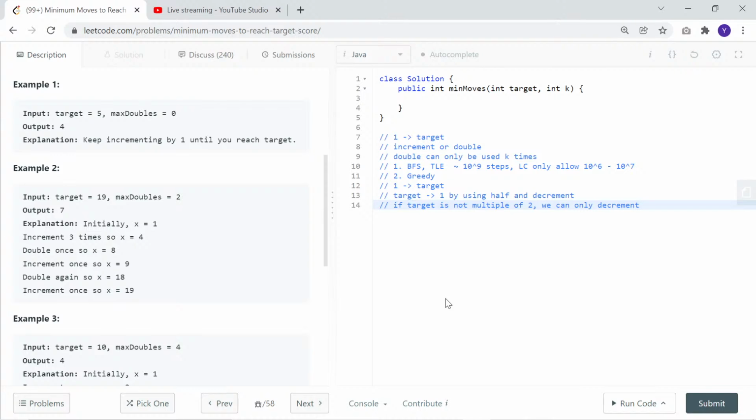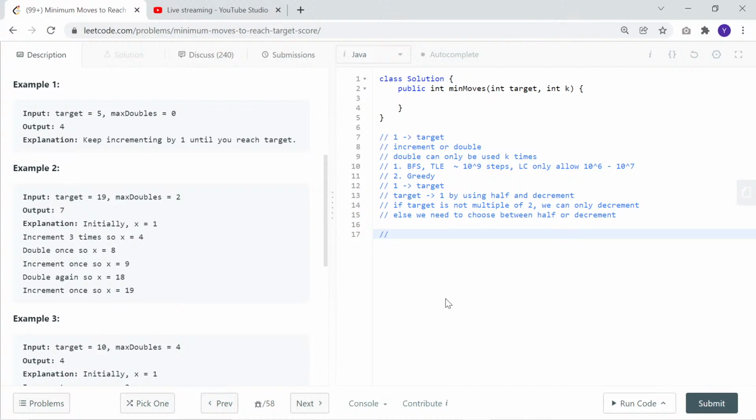So in this step we will only do decrement because it's not a multiple of 2. Otherwise, we need to choose between half or decrement.